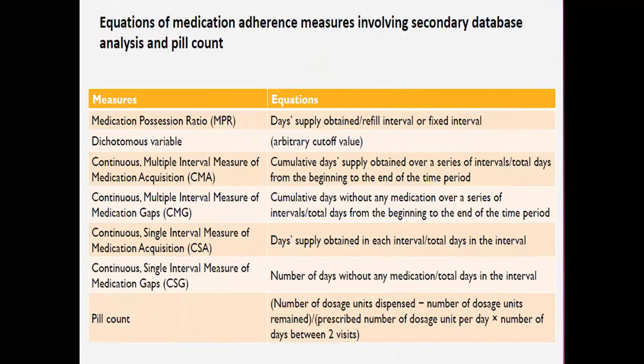First is the medication possession ratio, MPR: how many days' supply of the medication, such as afternoon, morning and evening doses, you have to observe with this ratio. In one day, how many times you supply the medication, either at intervals or as one daily dose, can be measured as the medication possession ratio.